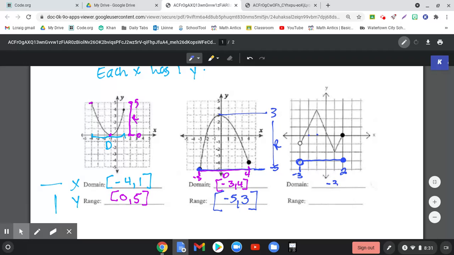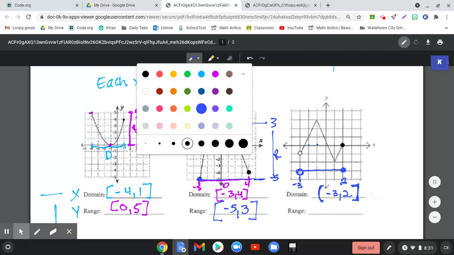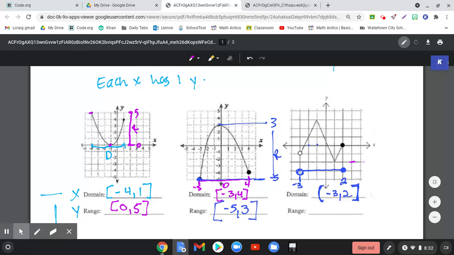It's still going to be -3, 2, but since it's open, we're going to use a parenthesis. And this one is going to just be a bracket still. You won't see something like that on the Regents, but it will come up in Algebra 2. All right, our range, the lowest point is down here at -2.